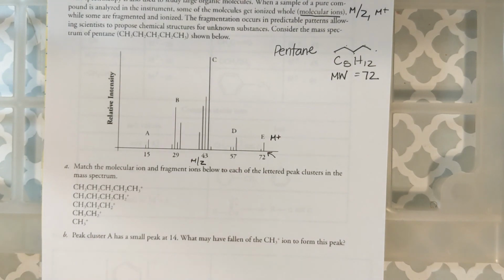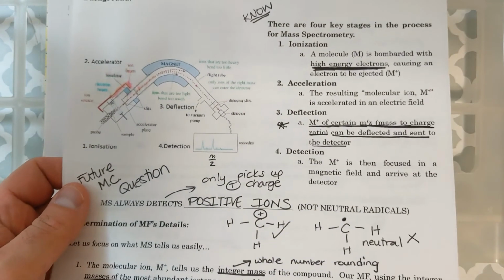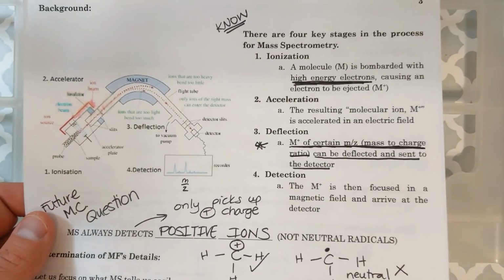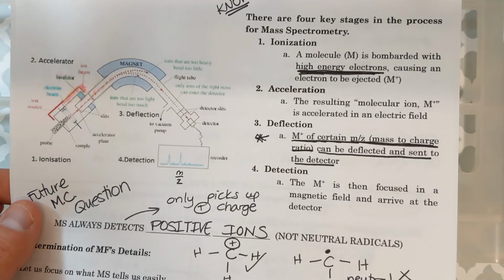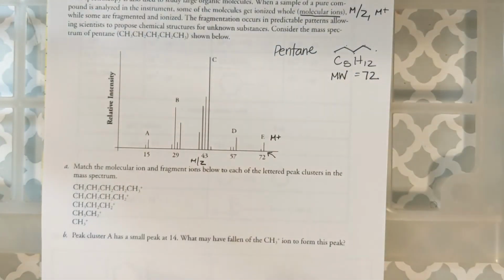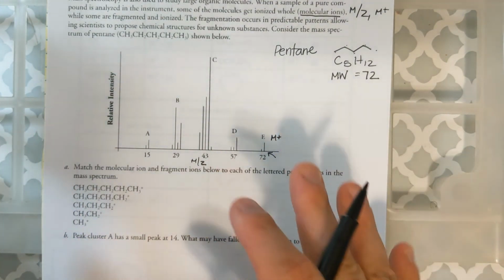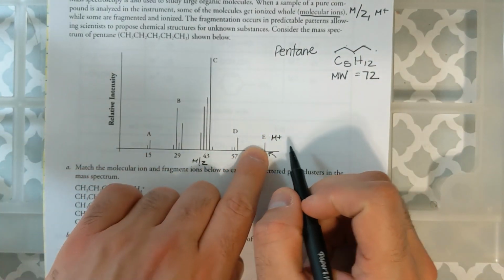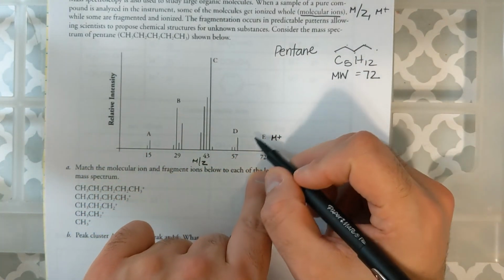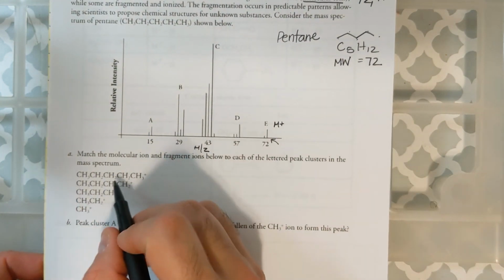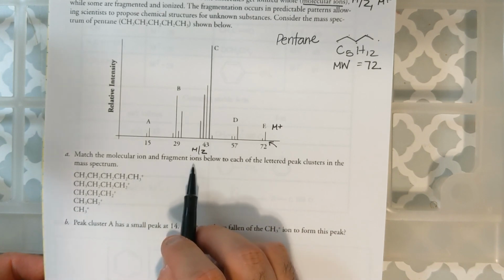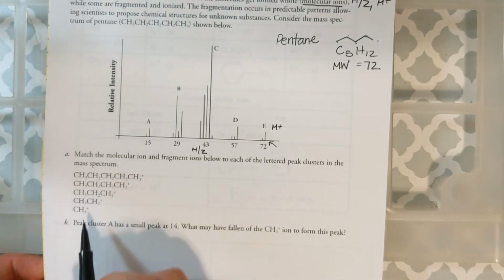If you remember a couple of pages back, when we throw our molecule into the mass spectrometer, it's bombarded with high energy electrons, causing electrons to be ejected, so they're positively charged. So once we throw pentane into the mass spectrometer, electrons pop off, and so it becomes positively charged, and I'm probably going to have my entire pentane at E. It says match the molecular ion and fragment ions below to each of the lettered peak clusters in the mass spectrum.